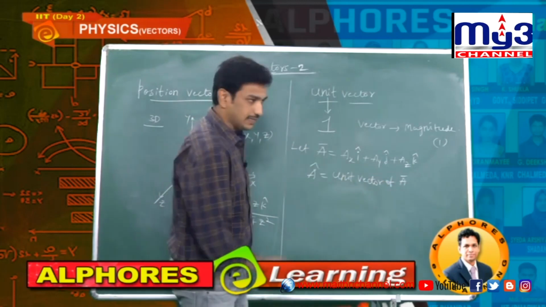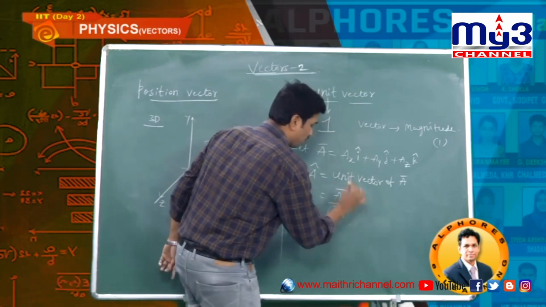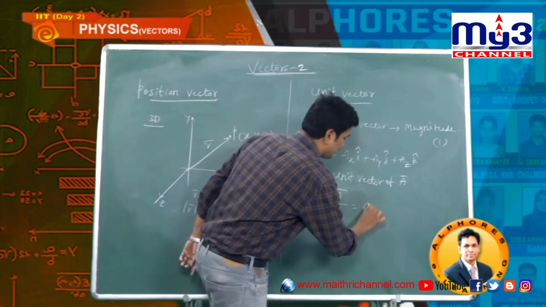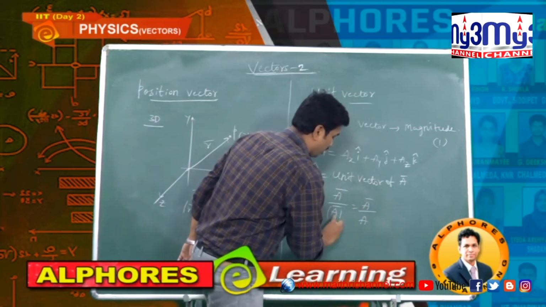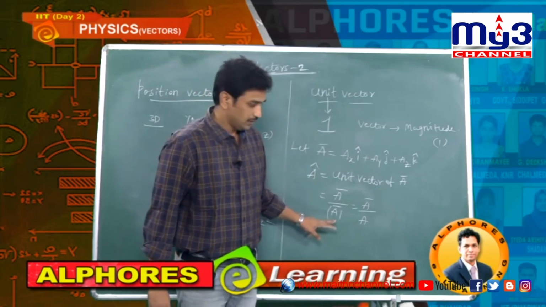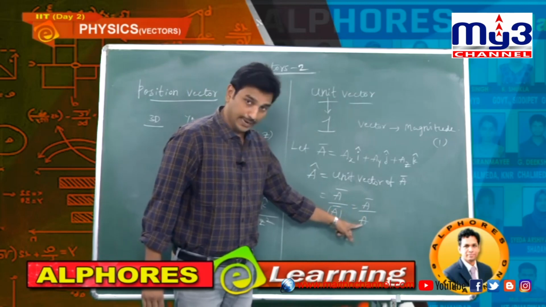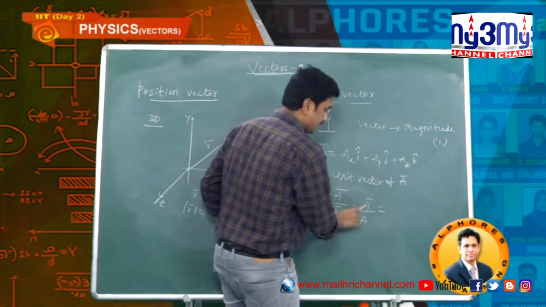How we define this A cap? A bar by mod A bar. Vector magnitude is scalar, then we will remove this bar. Magnitude of A bar is A. Now what is the A bar?